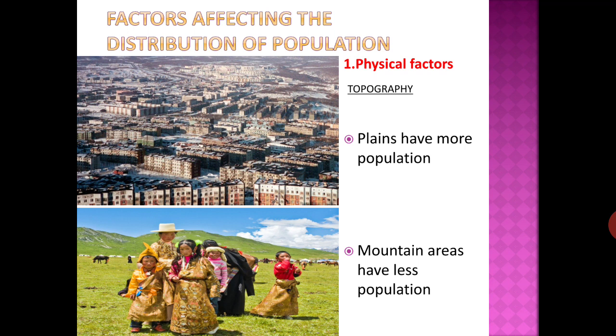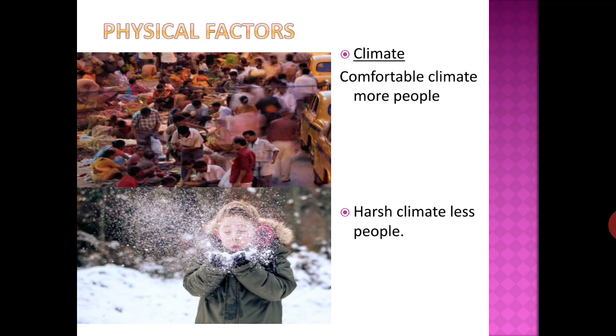Let us have a look at physical factors. First one is topography. Topography is the condition of the outer surface or the physical features available in a particular region. If it is a plain area, then it is very easy to transport, easy to communicate, and many more facilities are there. So in plain areas usually people live in larger numbers, whereas in hilly and mountainous regions people live in smaller numbers.